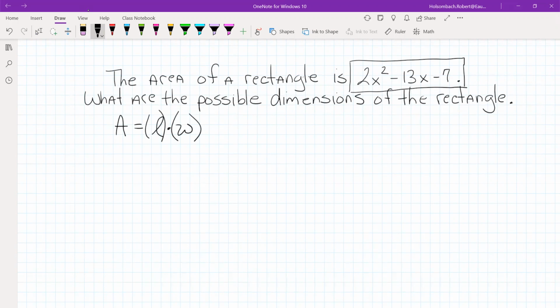So all you're really being asked in this question is to factor 2x squared minus 13x minus 7. Okay? So let's draw our table.